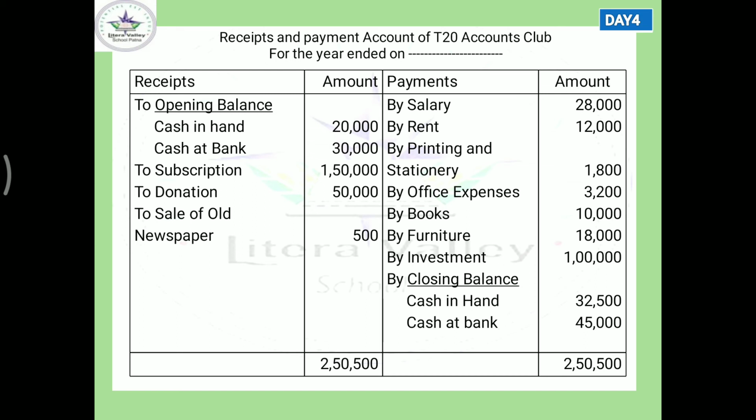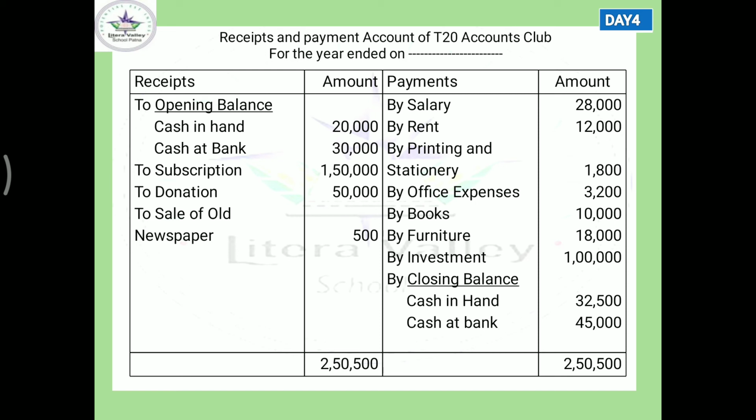Provision for bad debts, it will not be recorded. Cash has not been affected. So receipt and payment, in a very simple sense, when you have to prepare receipt and payment account, just amount received on the receipt side with the opening balance of cash in hand and cash at bank, and amount paid on the right hand side.